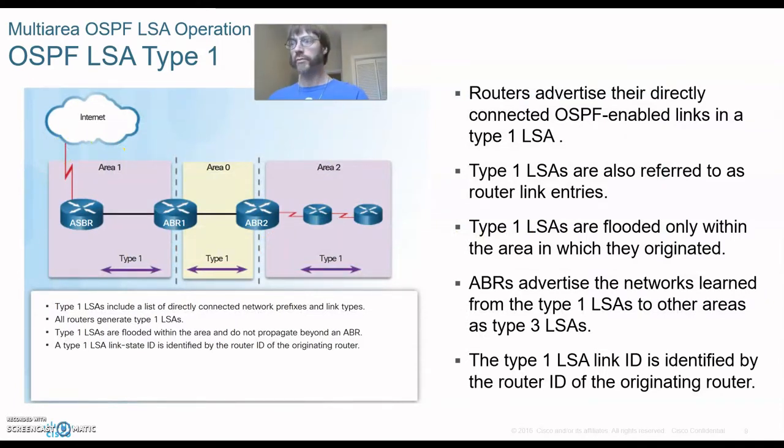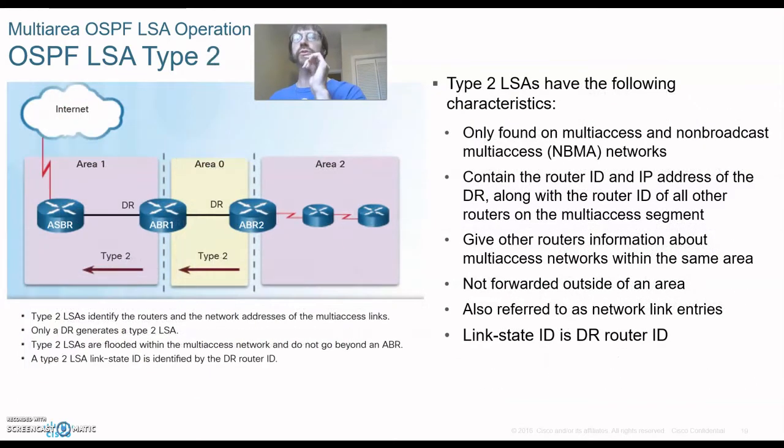Let's talk about type 2. Type 2s are only used on multi-access and non-broadcast multi-access networks. In plainer English, that means Ethernet and frame relay.